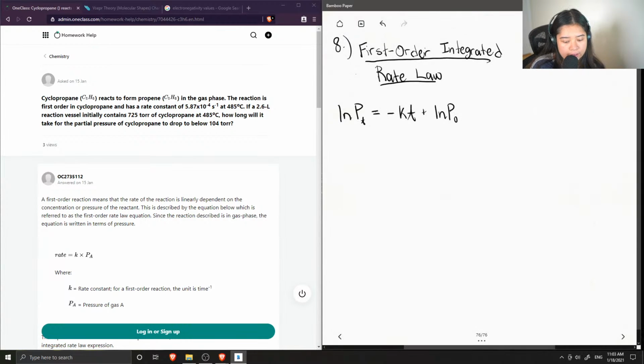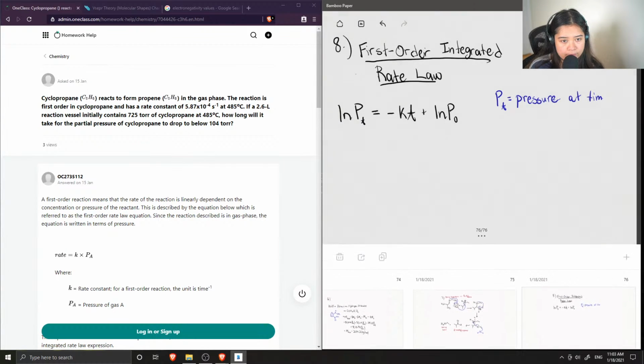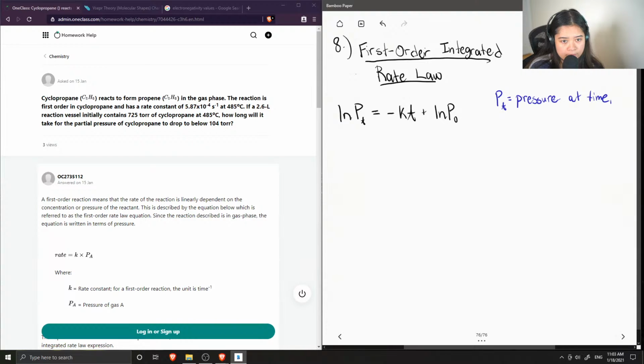So I'll define what each of these variables mean. P sub t is the pressure at time t. And we have k. So k is our rate constant.